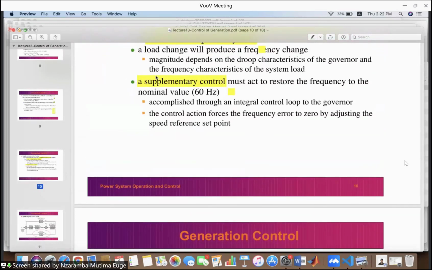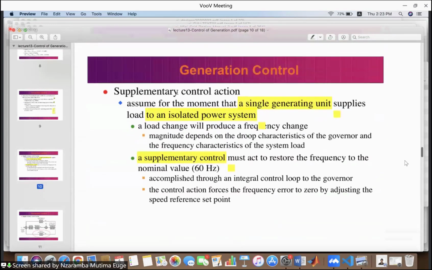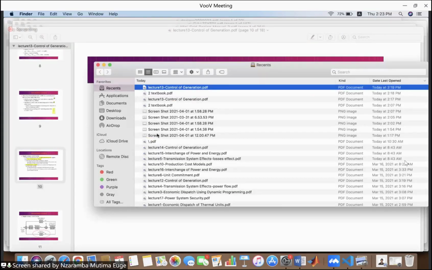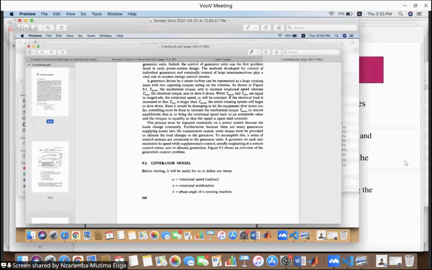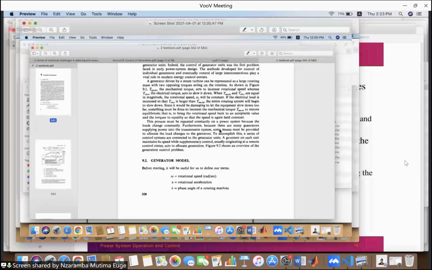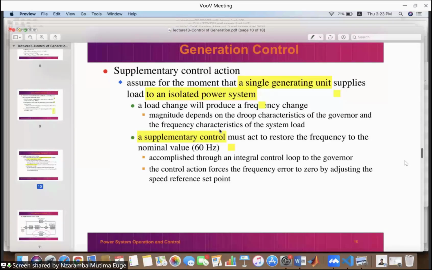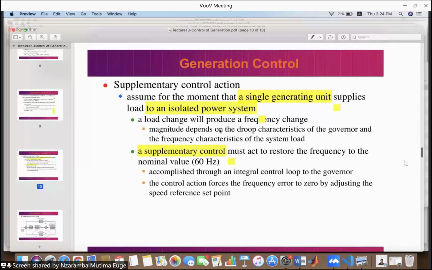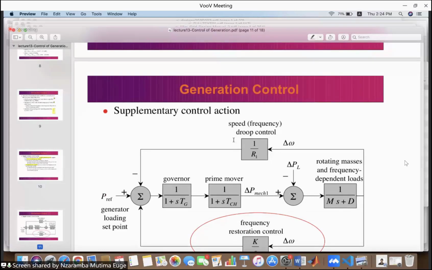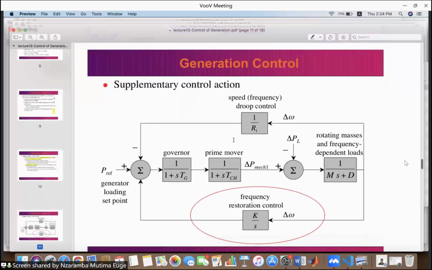In order to understand this supplementary control action, here I have a screenshot. Supplementary control, a generation control action, acts to restore frequency.